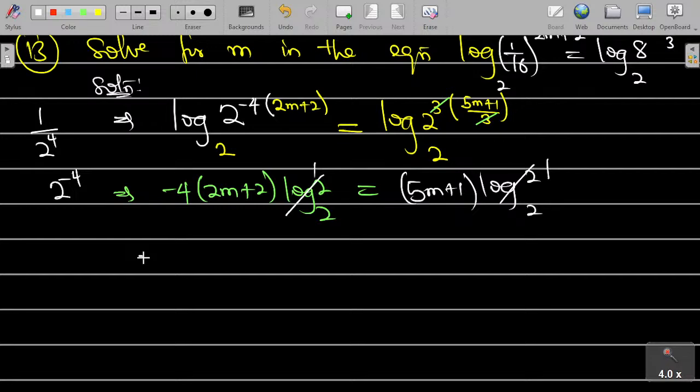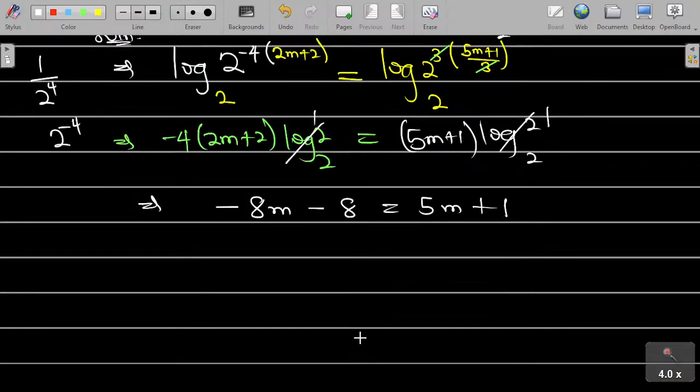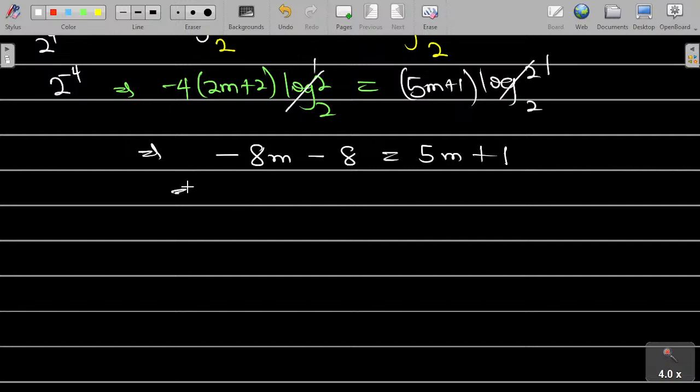So you just have, of course, open this bracket, minus 8m minus 8 is equal to 5m plus 1. I'm going to collect like terms. If I bring m to this side, I'm going to have minus 8m minus 5m is equal to 1.